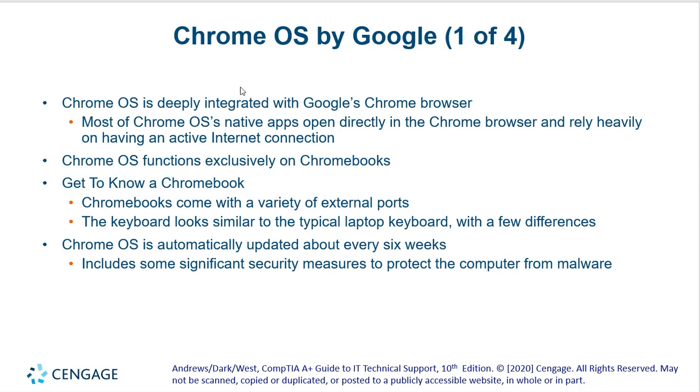On to Chrome. So the Chrome OS is basically just kind of an integration with the Chrome browser. And you've got all of the apps that you go in and you can download for the Chrome. So really, my Chromebook, I have a Pixelbook, I love it. It is just exclusively Chrome OS and any extensions that go with it.